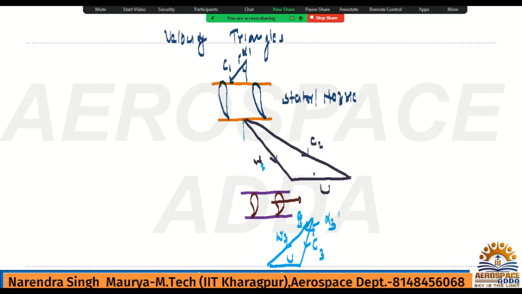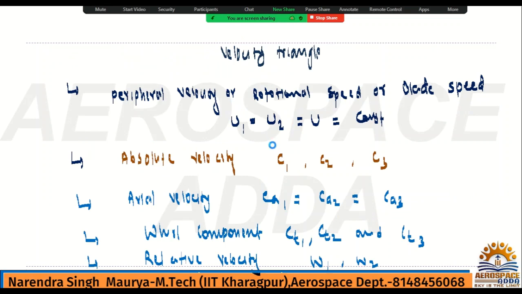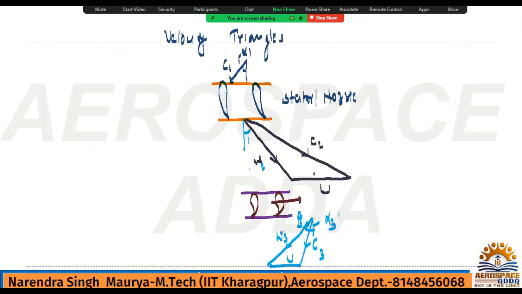Similarly here, from the axial, for the relative velocity I have written beta 2 is the angle between relative velocity and the axial. See, W2 is the relative velocity and this is the axial direction, so this is beta 2, and from axial to absolute velocity this angle will be alpha.